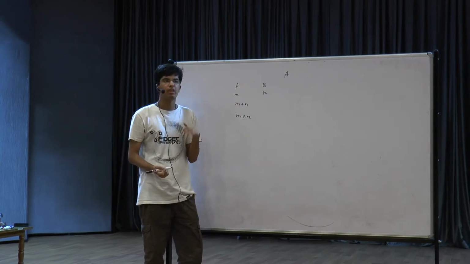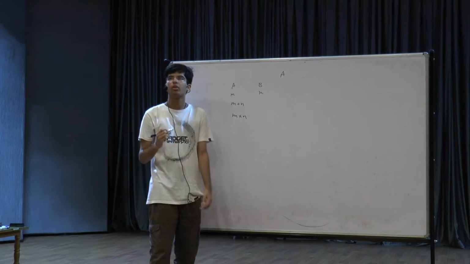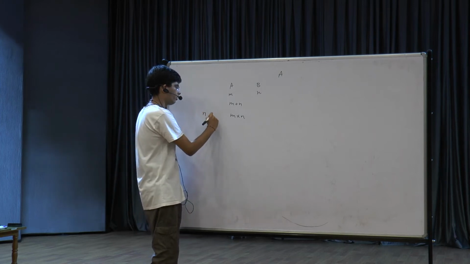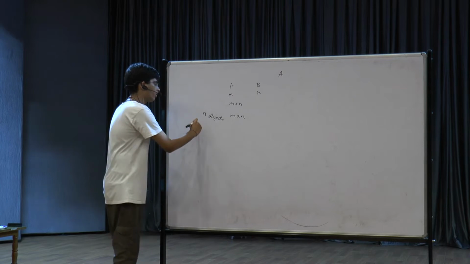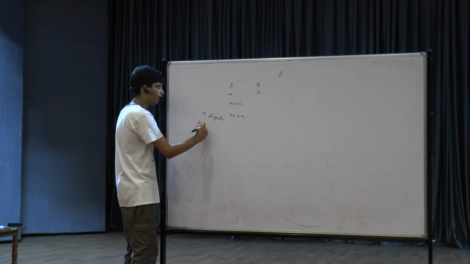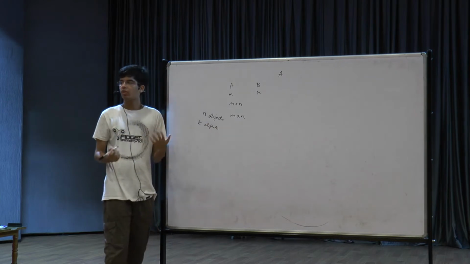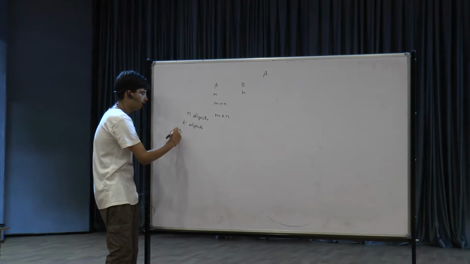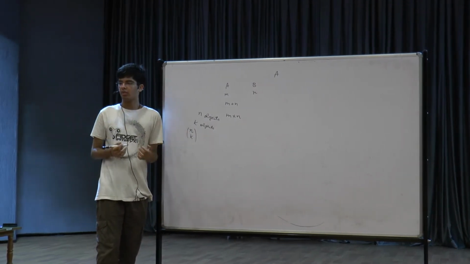Oh, and before that, let's also recap a little bit of binomial coefficients. Suppose you have n objects, and our goal is to select k objects out of these. So we denote the number of ways of doing this by n choose k, and we also have a formula for n choose k.